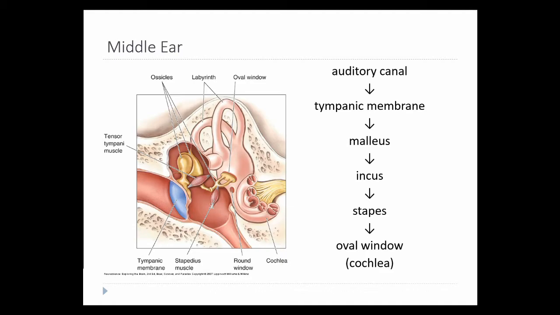When they contract, they apply tension to the middle ear bones and prevent them from vibrating, and that reduces the amplitude of sound waves. And these muscles are triggered whenever there's a very loud sound that gets to your ear. In fact, this is an example of a reflex. A very loud sound would send a signal to the brain, and then the brain would send a signal back to those muscles to contract and dampen it.